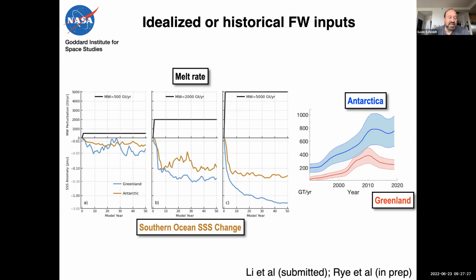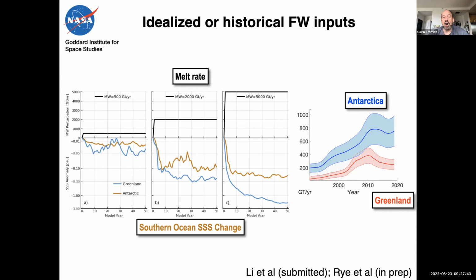So an idealized scenario of 500 gigatons of fresh water, or 2,000 gigatons, or 5,000 gigatons, which is obviously a lot.